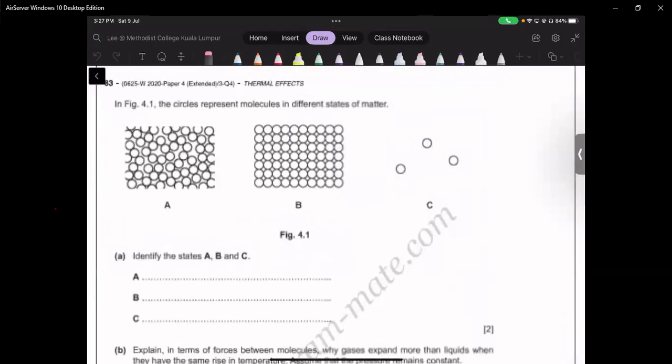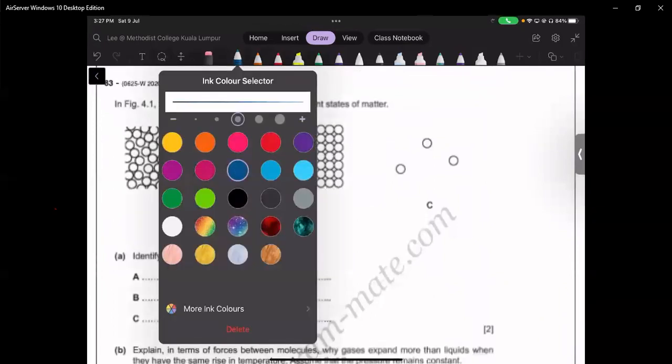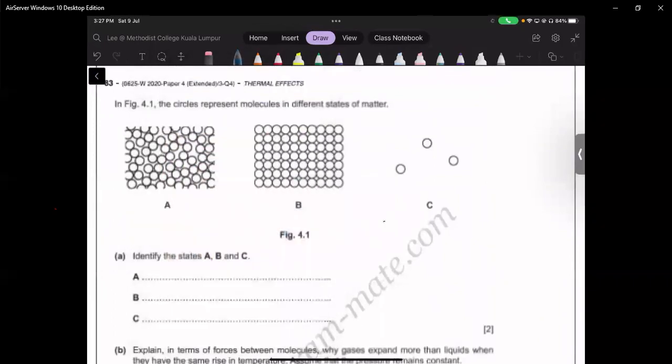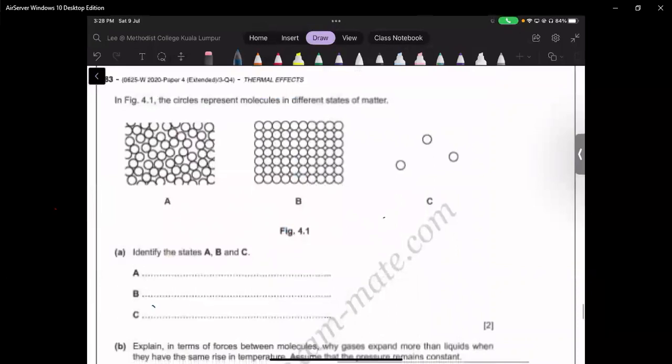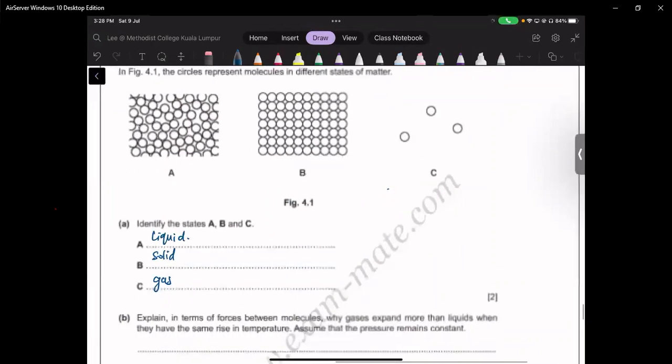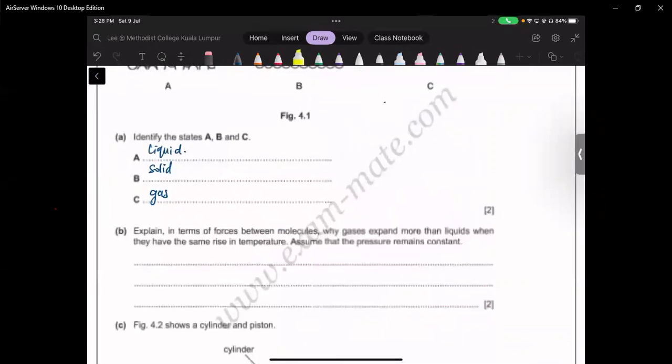Identify A, B, and C. If you cannot identify, then sorry, but hopefully it's pretty straightforward. C is gas, right? B is solid, and A is liquid. Right, bonus question. Explain in terms of forces between the molecules. So forces between the molecules here is about bond.